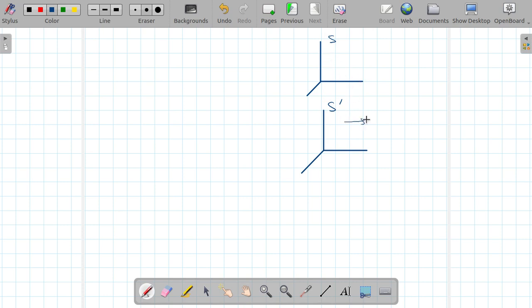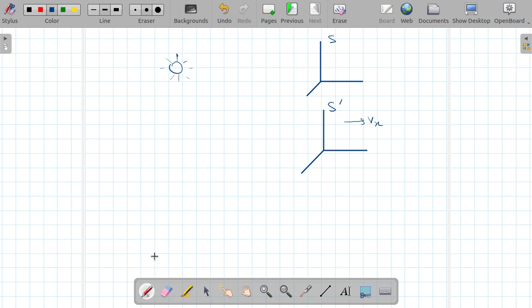And this frame of reference is moving along this direction with velocity Vx. And here there is a source of light. When observed from these two frames of reference, this one is a stationary frame of reference, and this one is a moving frame of reference.